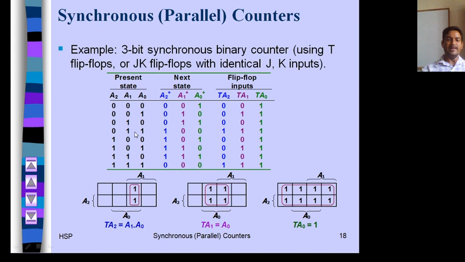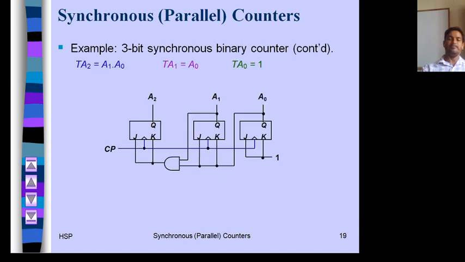When A1 and A0 both are 1, and you know this is the condition of AND gate, when both are high A2 is toggling, so you can directly write down A1 into A0. So TA2 is A1 into A0. In this way you can directly write down these values, because by implementing using table it is a time consuming process. This is the shortcut method to remember in exam.